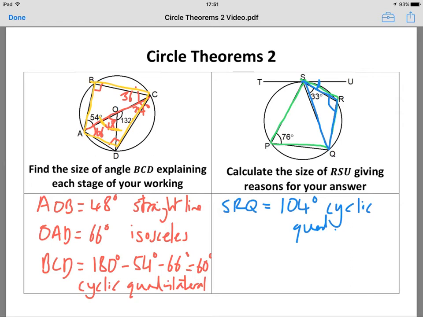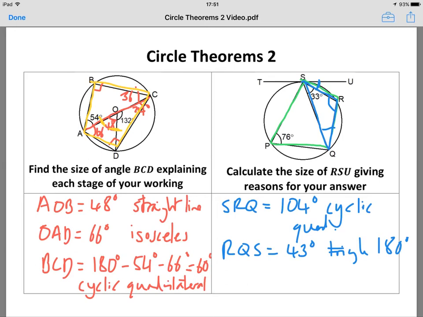Now I've got that, I can work that angle out. So RQS equals 43, and that's just triangle adds to 180, again, write a proper sentence. I don't have room or neat enough handwriting.